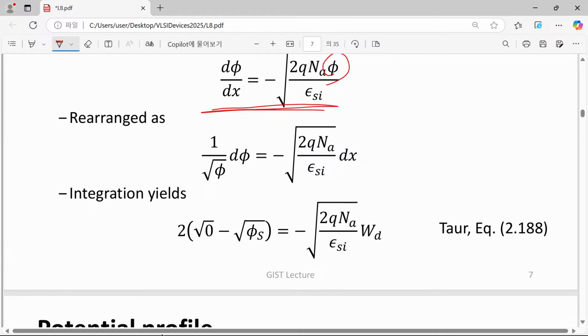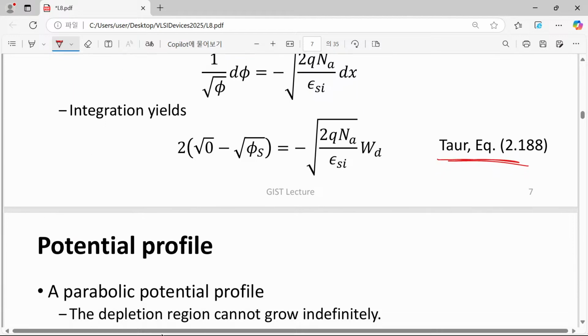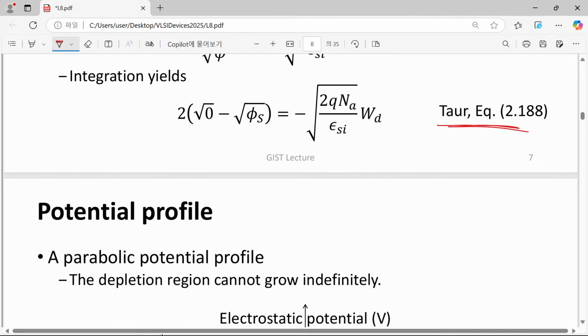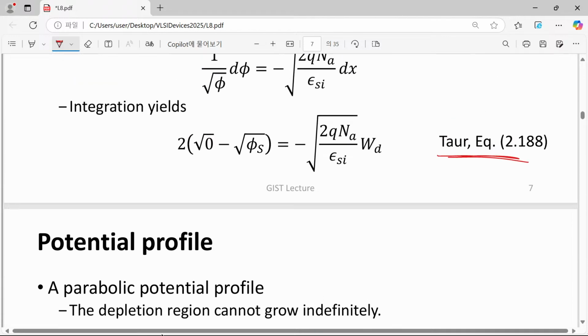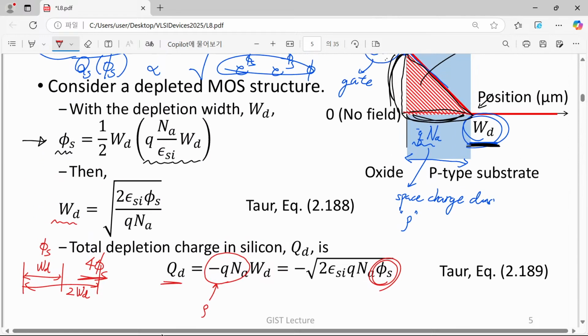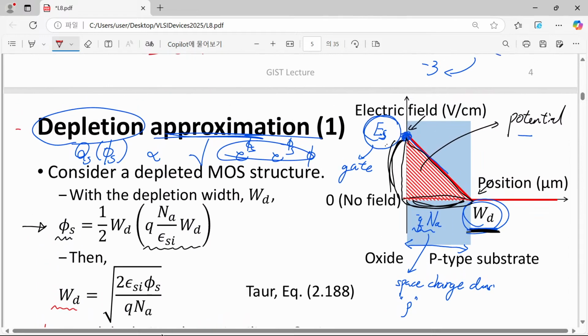By solving this one, we can have exactly the same expression for our depletion width. So either way, it is completely okay.